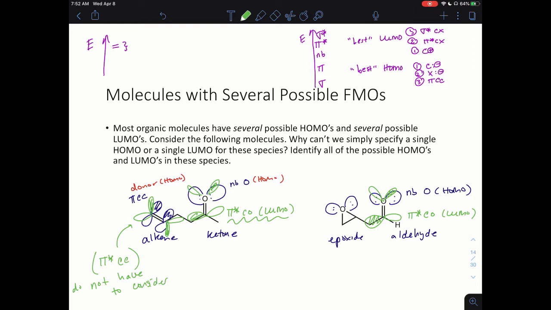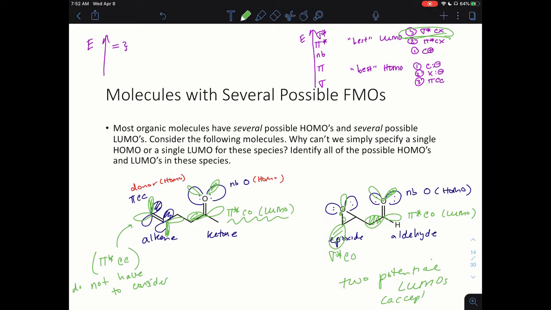You have to take my word for it for now. We do need to consider sigma star CX, and we have two of them for the epoxide. We can put our phasing in, and then there's another one at the other carbon oxygen bond as well, but I don't want to draw it because it'll be truly messy. So we do have two potential LUMOs for this molecule.